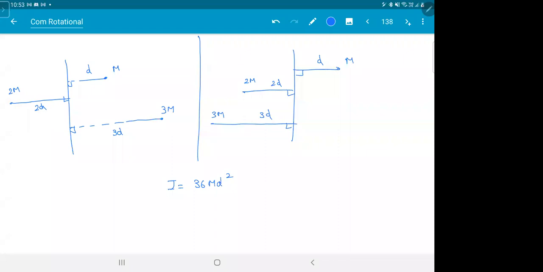You keep it front, back, right, left. As long as you keep the perpendicular distance same, the moment of inertia is same.